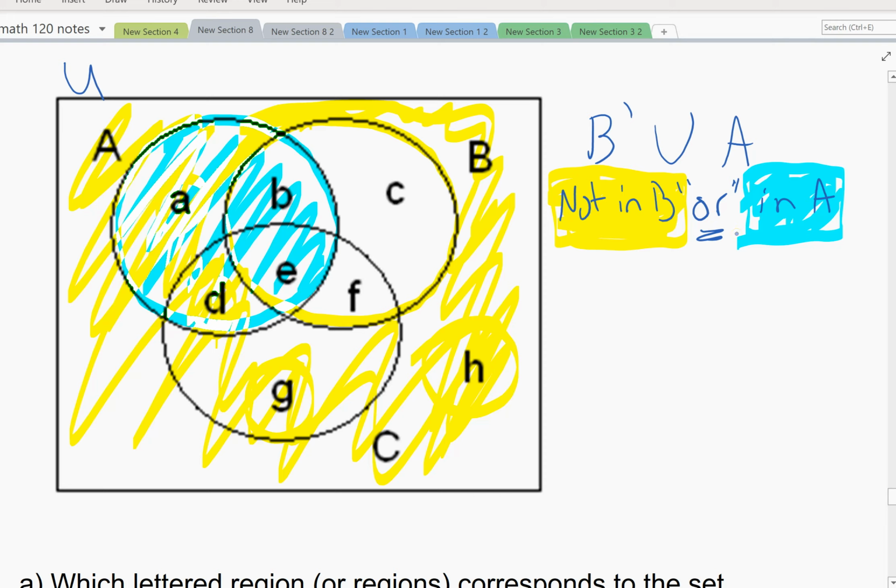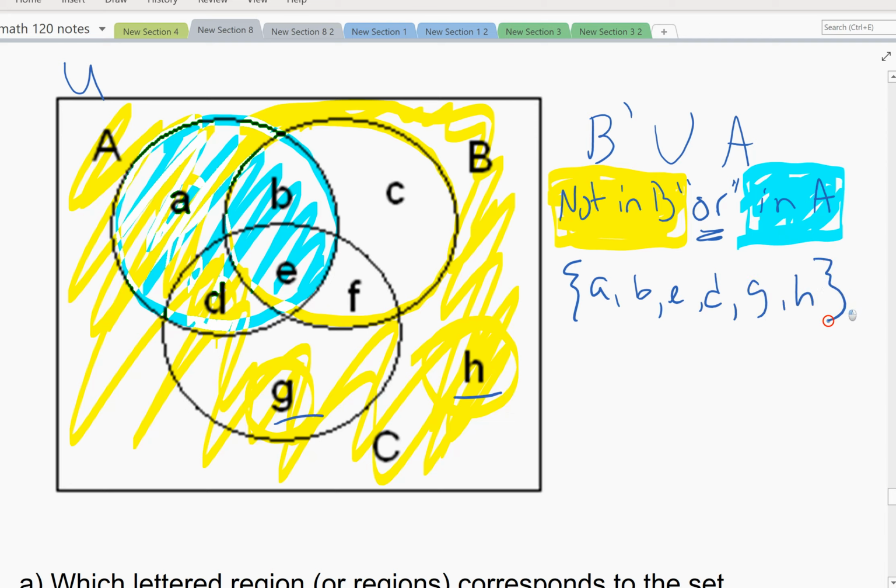So I get to include anybody who's highlighted in blue or yellow, and basically it's everybody but C or F. So I get to include A, B, E, D, those are all in A. And then I get to include G and H because those are not in B.